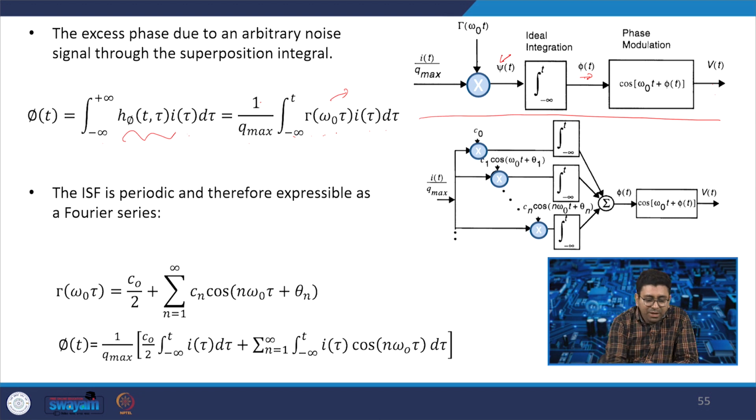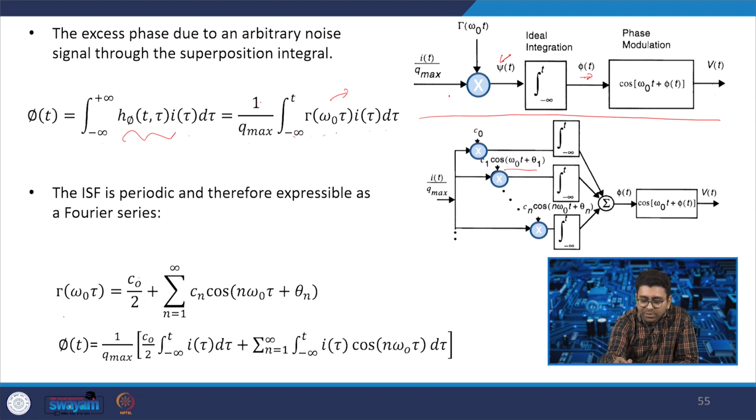So, this gamma(omega naught t) we can write in terms of C naught by 2, which is a DC quantity, plus the sum of Cn cos(n omega naught tau plus theta n). So it has multiple coefficients C0, C1, Cn, and it has a frequency component which is given by cos(omega naught tau plus theta).